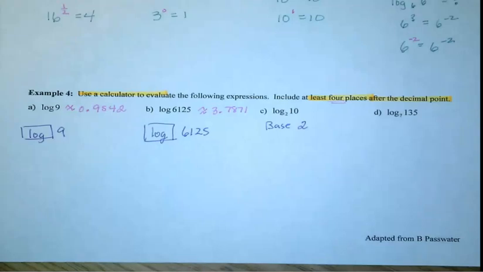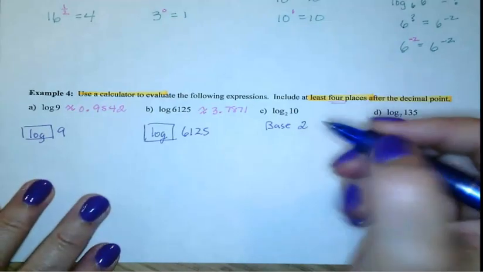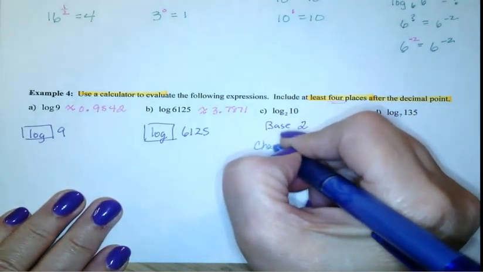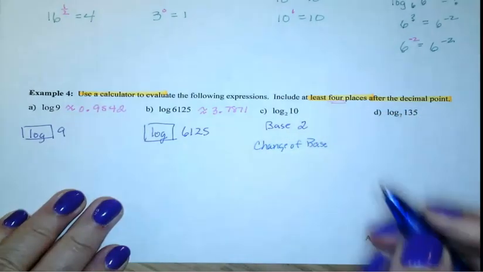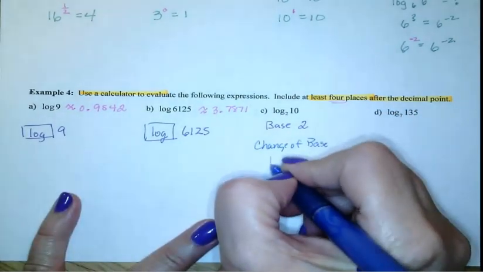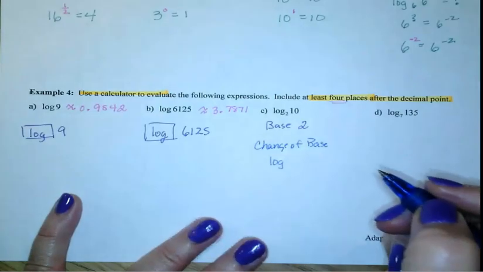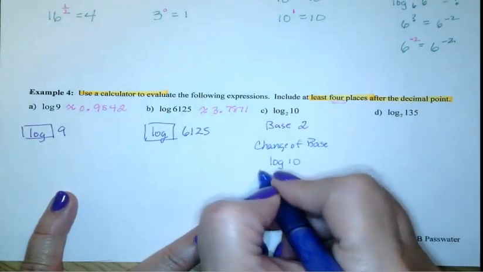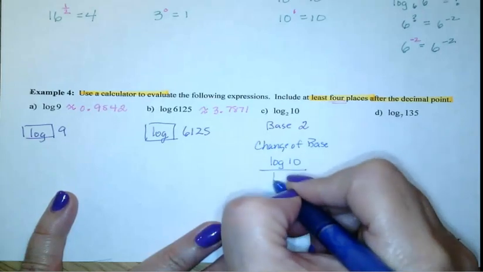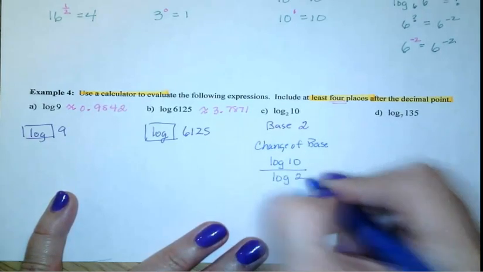And so if you want to take it out of log base 2 and be able to use that log button on the calculator, then we have what's called change of base. And so what that means is we're going to take the log of the argument, which is right here, so that's 10, and we're going to divide that by log of base 2.